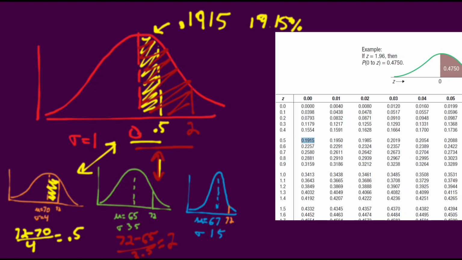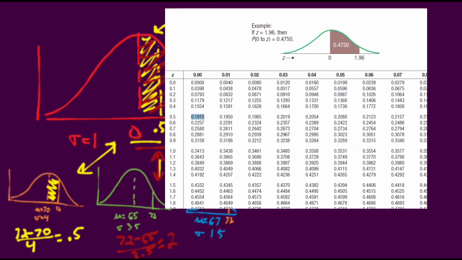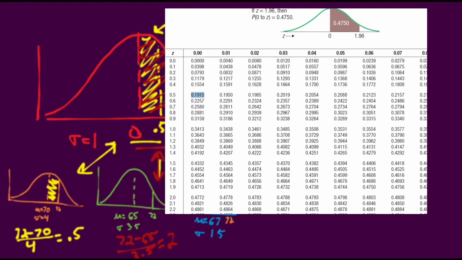Now again, we can turn to our z table. As we scroll down, we're looking for 2.00. It's going to be in this first column because we don't have a hundredths place. It's 0.